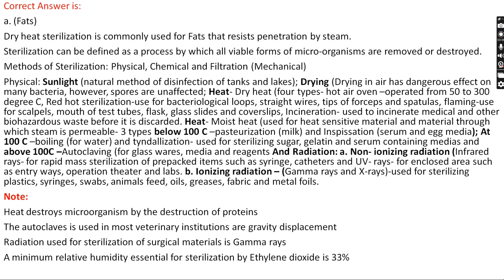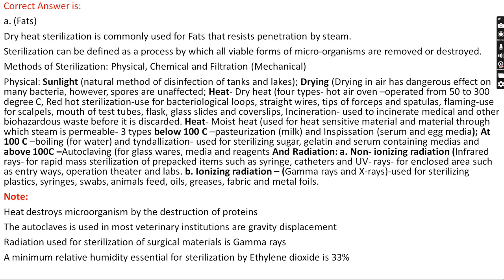Okay. The hot air oven is used for sterilization of utensils, and it operates at 50 to 300 degrees Celsius. Red hot sterilization is the process in which we keep the element in fire until it becomes red hot.